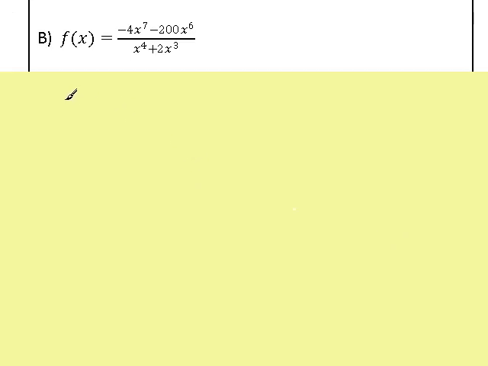Okay, again, we're finding end behavior. So let's do what we did in the previous example. We'll say as x goes to infinity, and again, we're just looking at the highest degree terms. So that would be minus 4x to the 7th divided by x to the 4th. Now reduce that. That's minus 4x cubed.